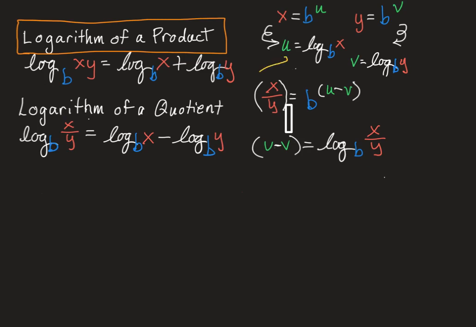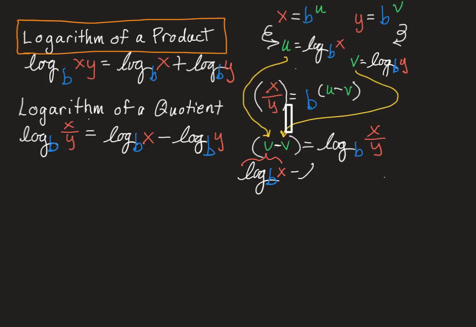So we know that u is equal to the log base b of x, and we know that v is equal to the log base b of y. So this is where we go back and do that substitution. Now we have the log base b of x. That came from there.